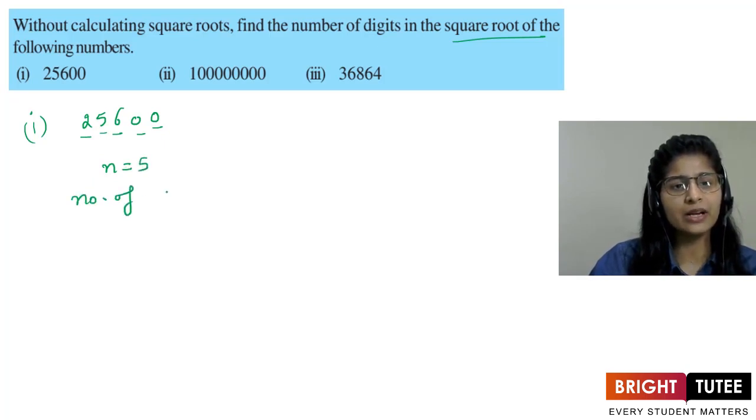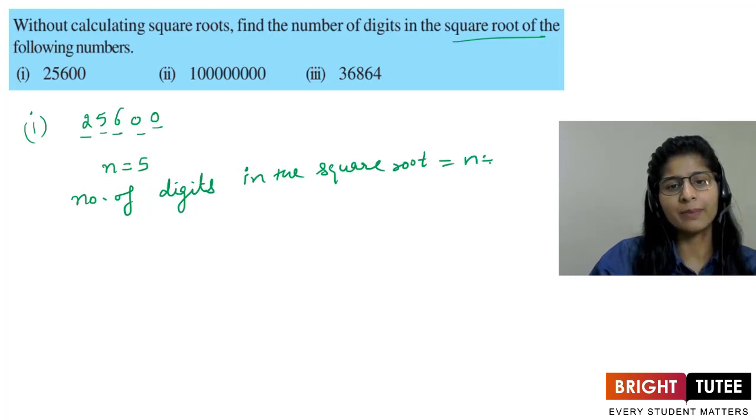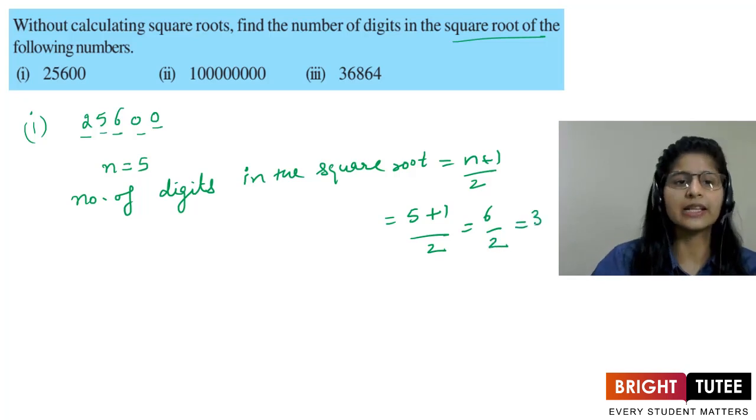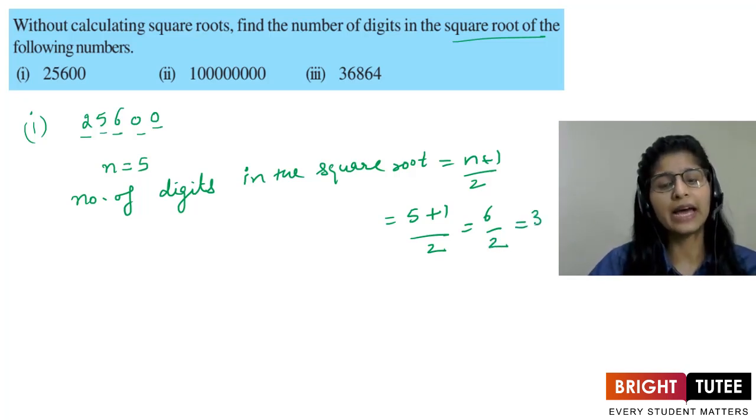We will write number of digits in the square root is equal to n plus 1 upon 2, that is 5 plus 1 upon 2, 6 upon 2 gives us 3. In the square root of this number, there will be 3 digits, right?